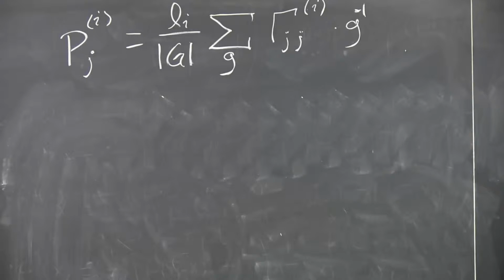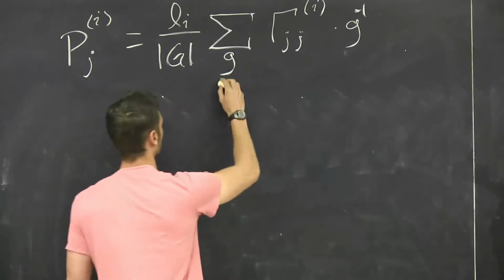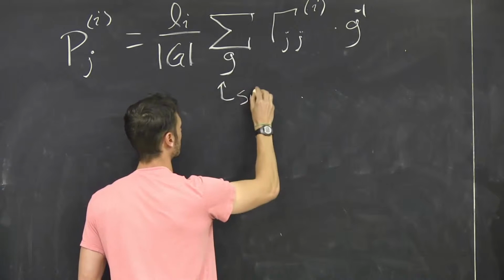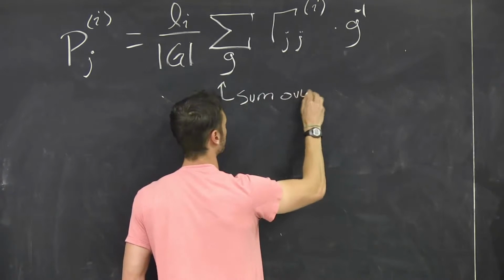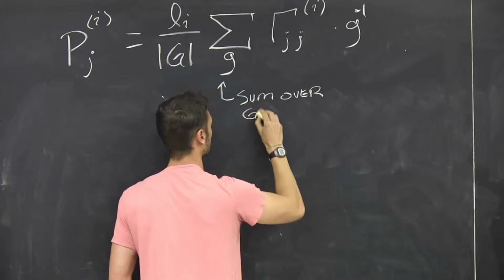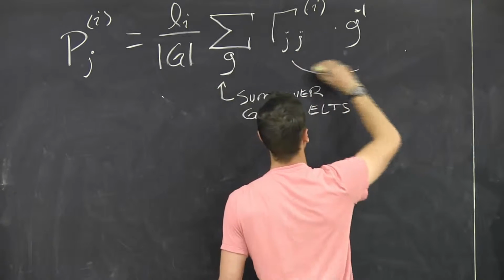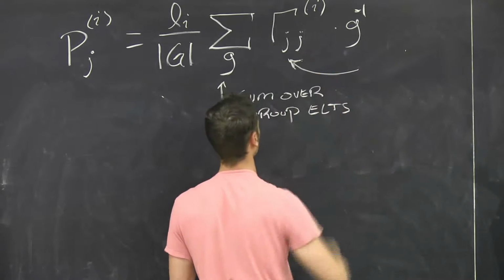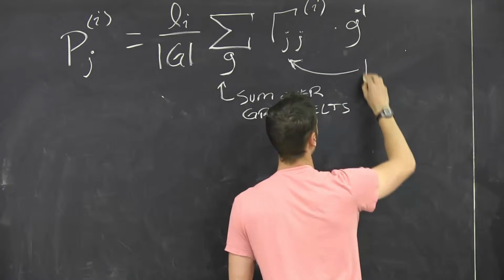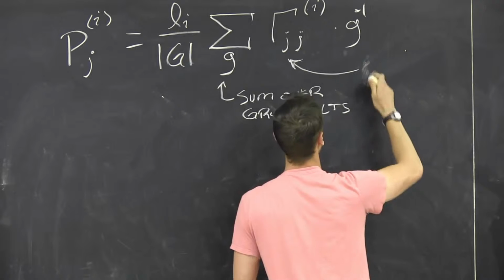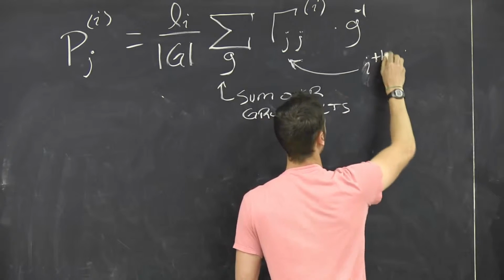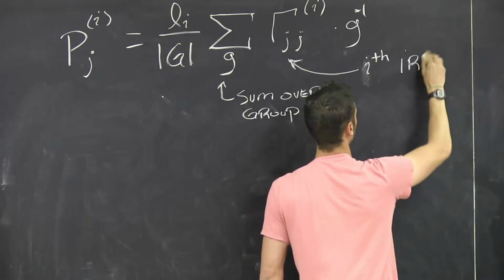All right, so in this case, this is a sum over group elements. And then this is the matrix for the ith rep.